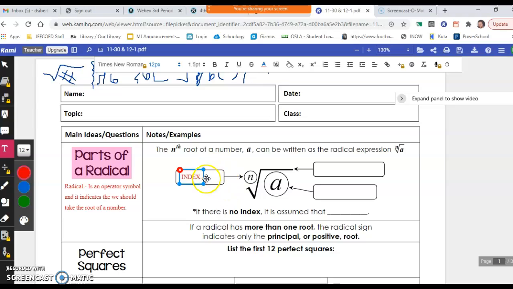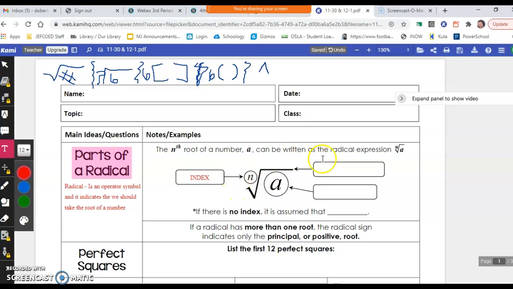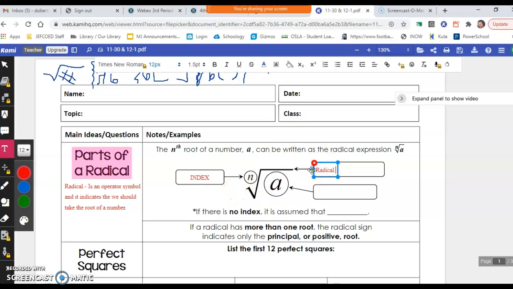That can be a 2. It's understood to be a 2 if there's nothing there, but it could also be a 3 for cube root, or a 4, which we're not going to get into, but it can also be other numbers outside of just a square root. The actual symbol, guys, like we just talked about, is the radical or the root.